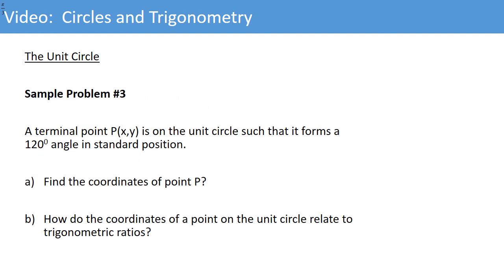Sample problem number 3. A terminal point P(x, y), because we don't know the coordinates, is on the unit circle, such that it forms a 120-degree angle in standard position. Find the coordinates of point P. How do the coordinates of a point on the unit circle relate to trigonometric ratios?